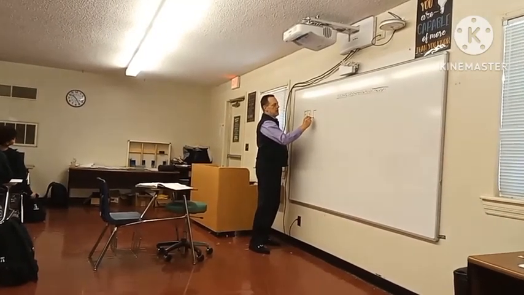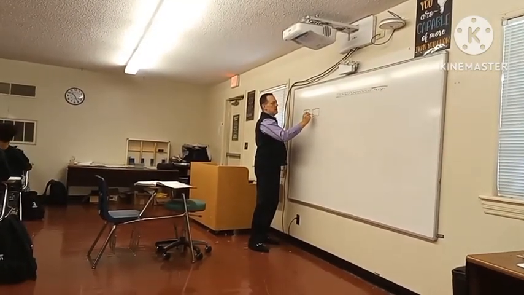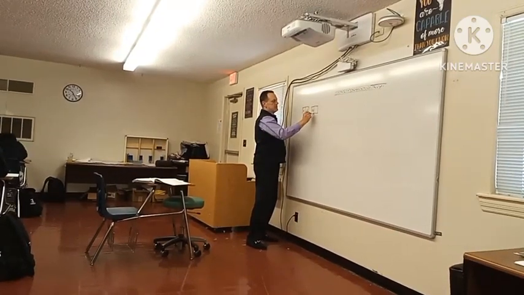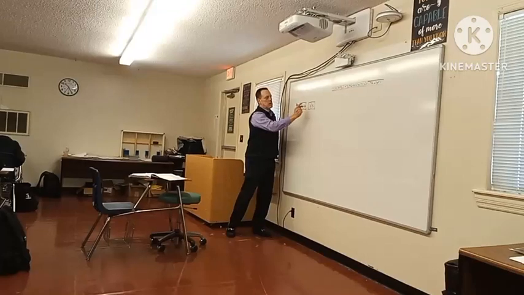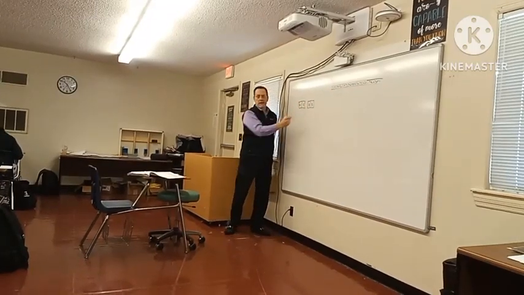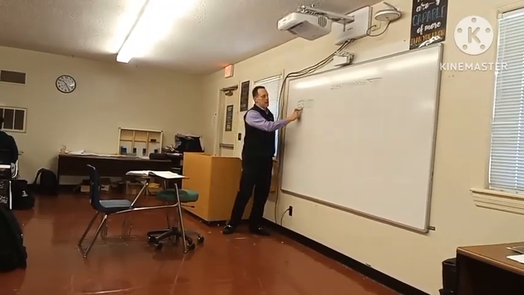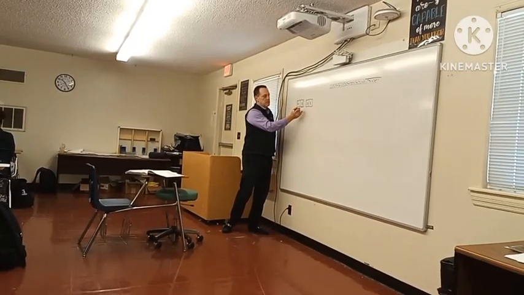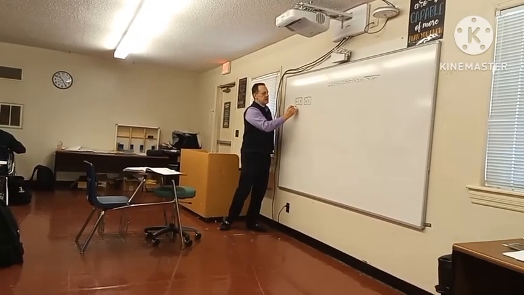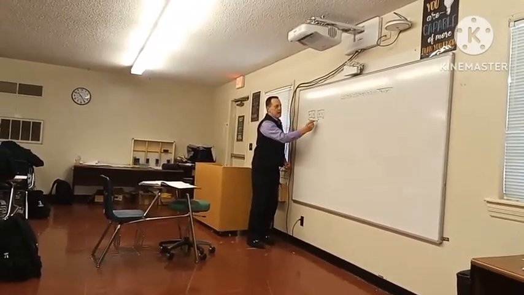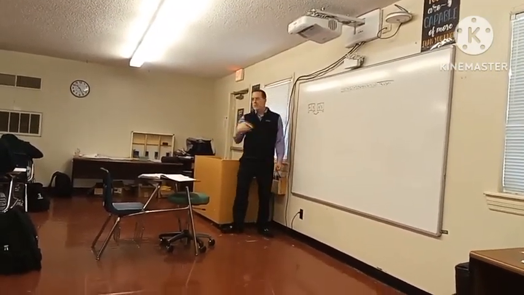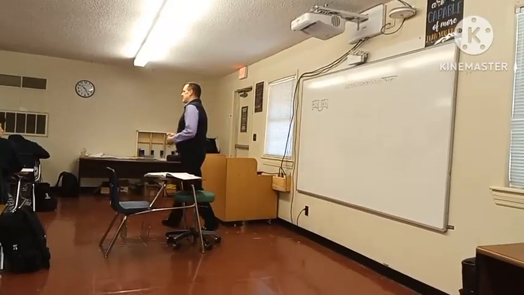If I drew one right here, just like that, what are those magnets going to try to do? Connect. They're going to try to come together, right? Why? Because opposites attract. Because they're magnets. So if we just said that's a positive and a negative, and that's a positive and a negative, right here, that negative is going to try to move to that positive, correct?